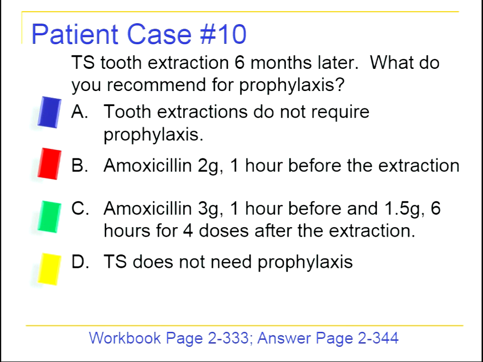And then a tooth extraction is a procedure that does require the antimicrobial prophylaxis. So the correct answer is B, because we only give 1 dose. You don't need to give any doses afterwards, so 1 dose prior to the extraction.